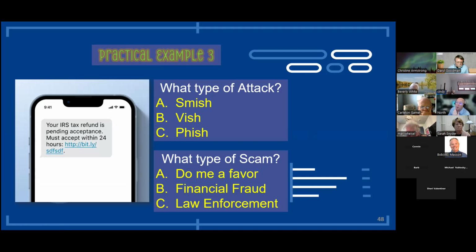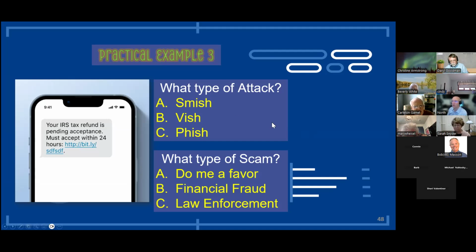Right. So a do me a favor is something where they're literally asking you, hey, do you shop at Amazon? Or hey, can you do me a favor? I need you to pick up some Apple gift cards. So a do me a favor is very easy to identify because they're asking you for a favor. If it was law enforcement, it would be something like the police department or the sheriff's department or the FBI.